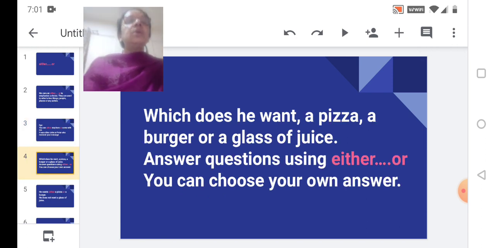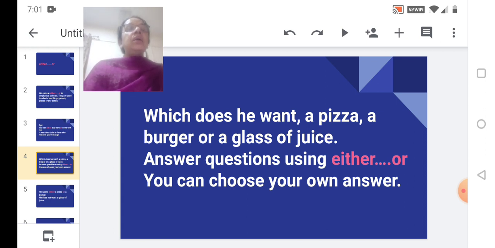Now here you have a question. Which does he want? A pizza, a burger, or a glass of juice? Here there are three different objects: pizza, burger, or a glass of juice, eatables.